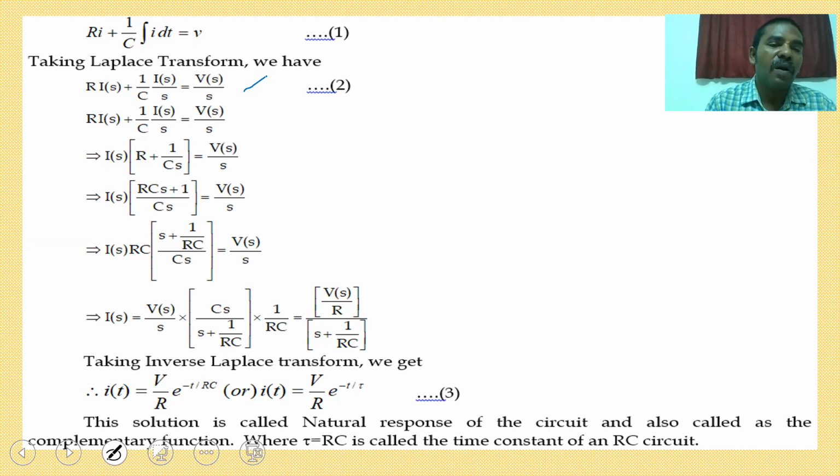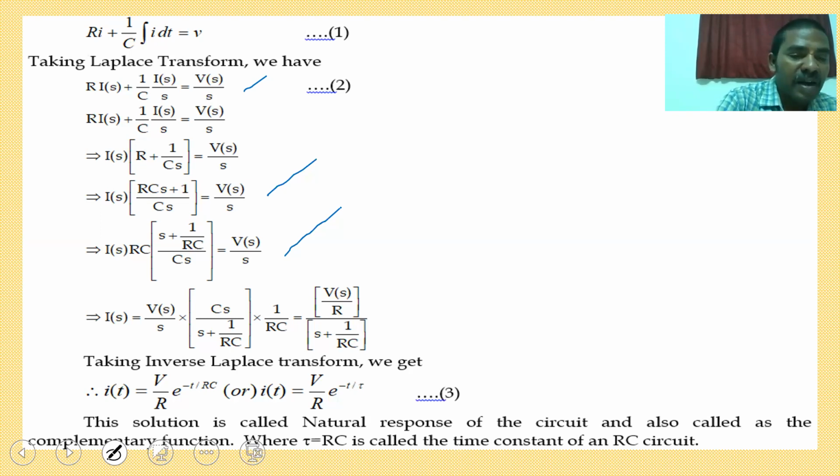So I of S into RCS plus 1 by CS is equal to V by S. Taking RC as common, I of S into RC into S plus 1 by RC divided by CS is equal to V by S. So I of S is V by S into CS by S plus 1 by RC into 1 by RC.